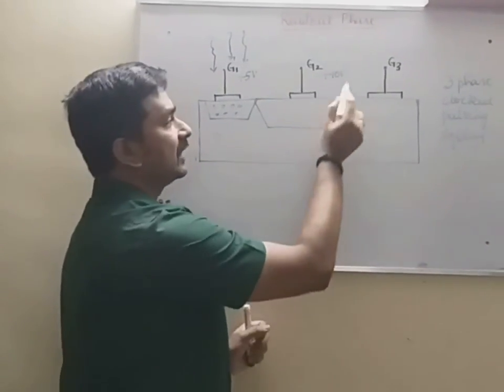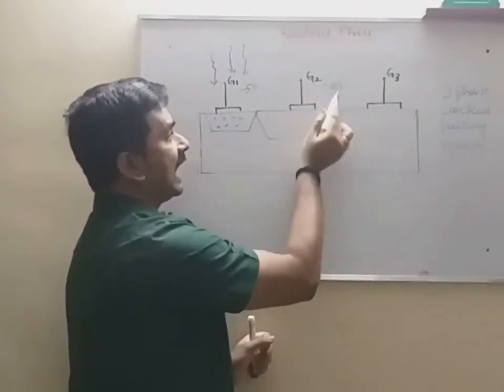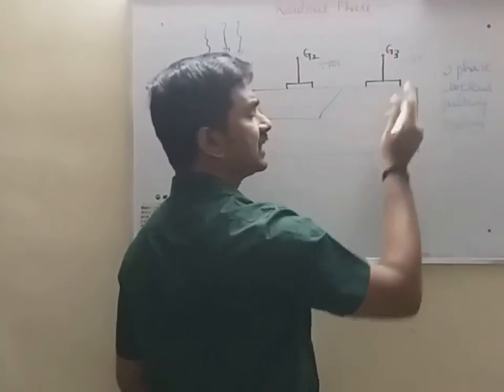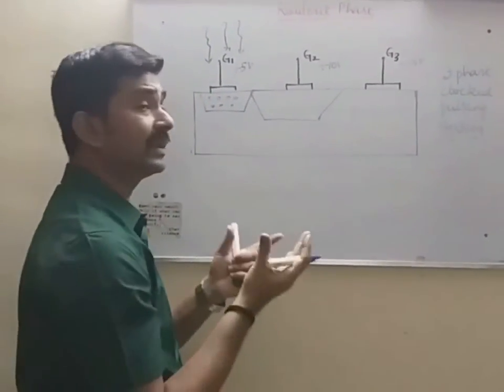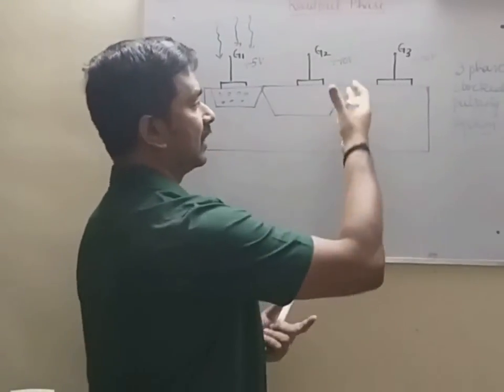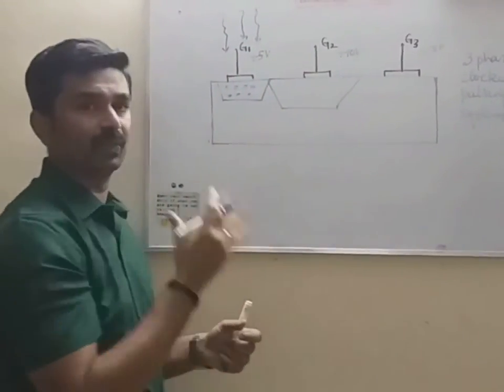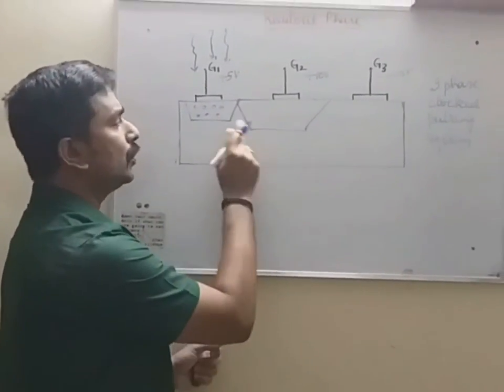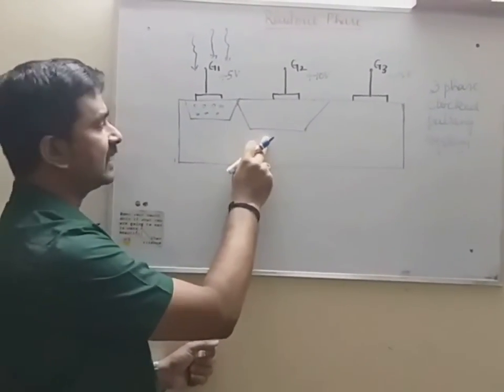Good. The voltage would be greater than the previous voltages, might be plus 15 volts or 20 volts or whatever. Our objective is to get a deeper potential well than the previous wells, so that you create a potential gradient.